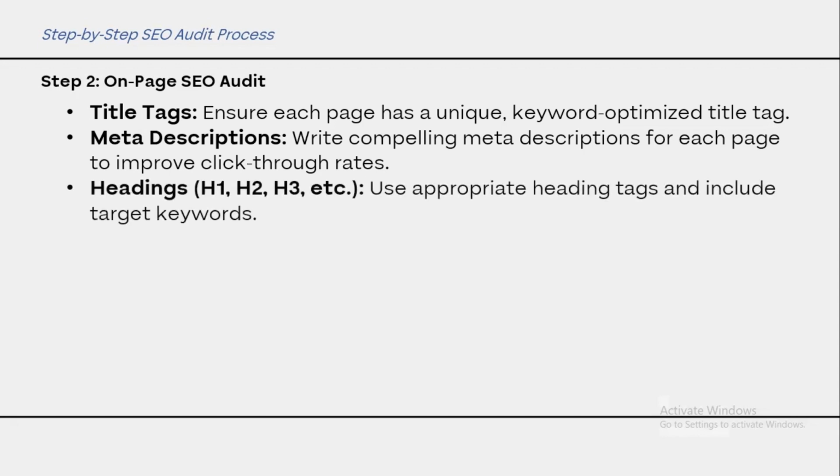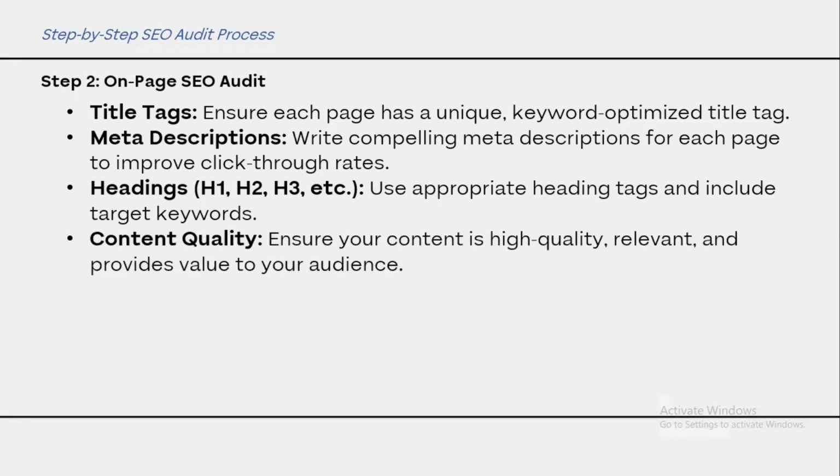Thirdly, we want to use headings, that is heading 1 to heading 6. So use appropriate heading tags and include target keywords in your headings, okay? Then content quality.